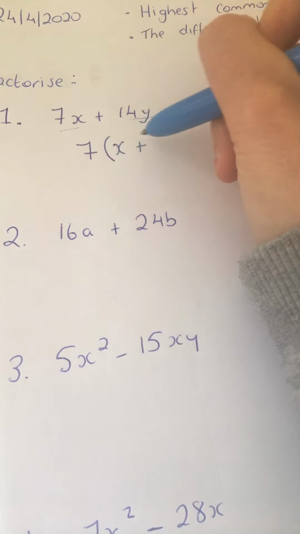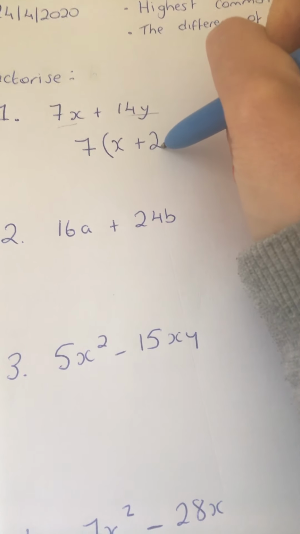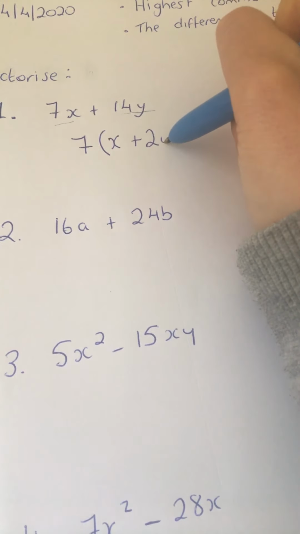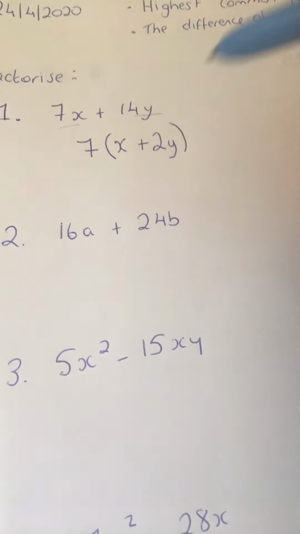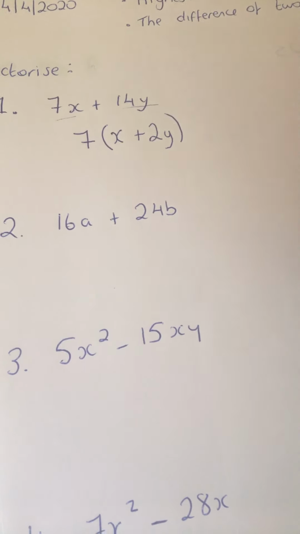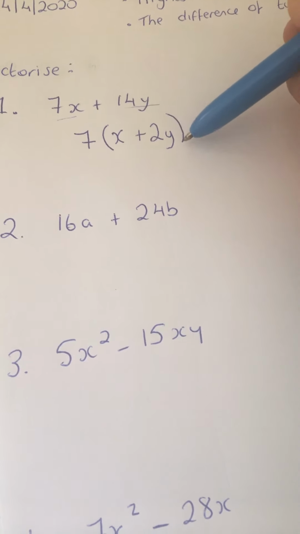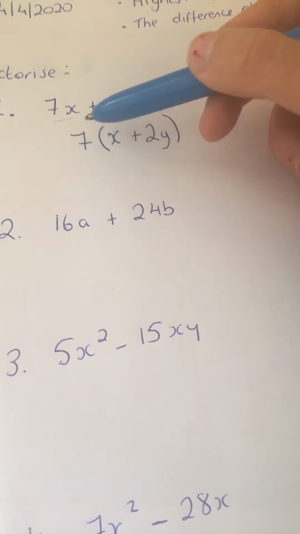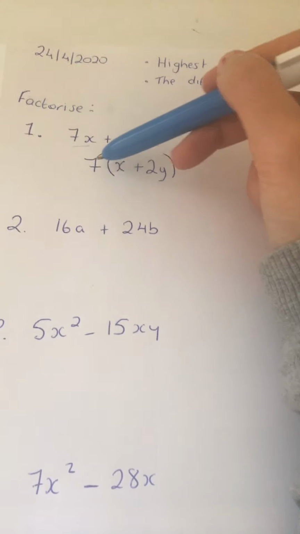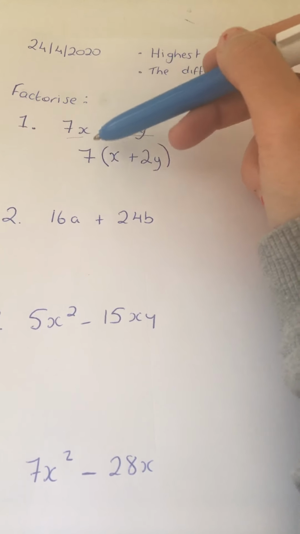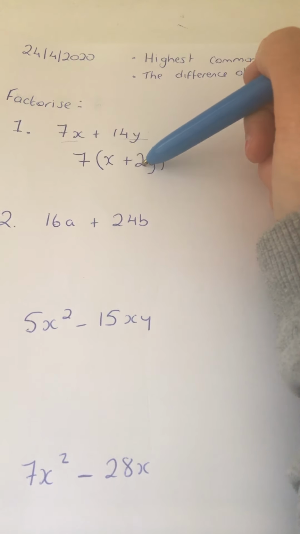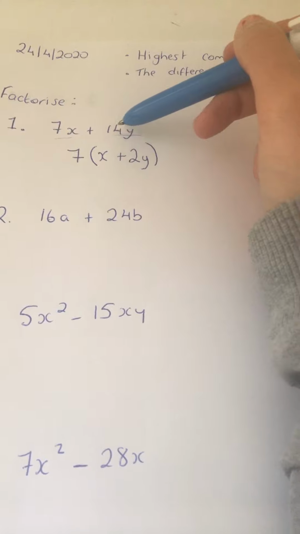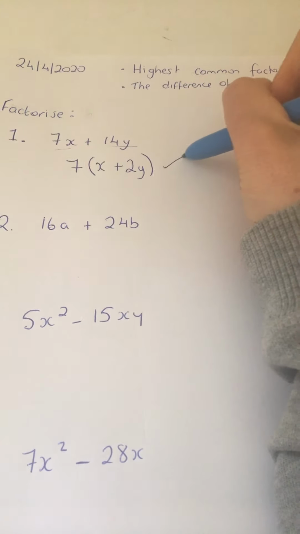You would multiply 7 by 2, and it has to be a y to get 14y. So you're working backwards, trying to find out what you would multiply to get this. So always check your answer. 7 multiplied by x is 7x. 7 multiplied by 2y is 14y. So that is correct.